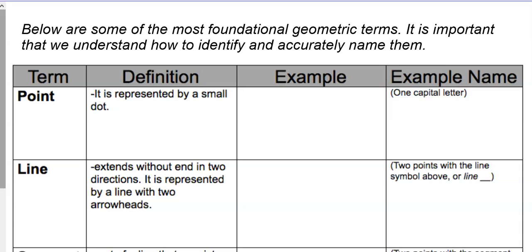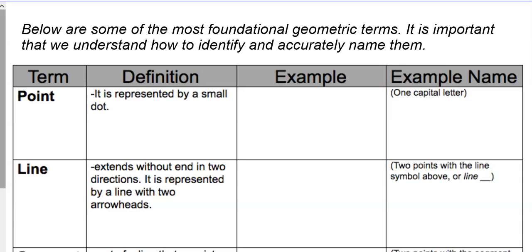All right, so below are some of our very foundational geometric terms. It's really important to understand what they are and how to actually write them. So geometry is very symbolic. So yes, a lot of you probably realize, what is a point? There's not actually a definition of it. It just says it's represented by a dot.